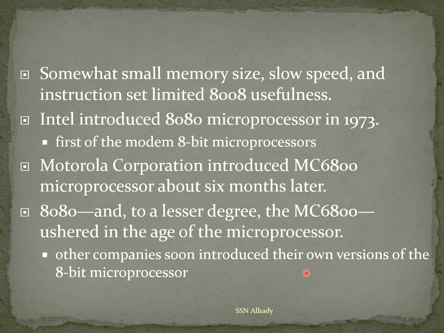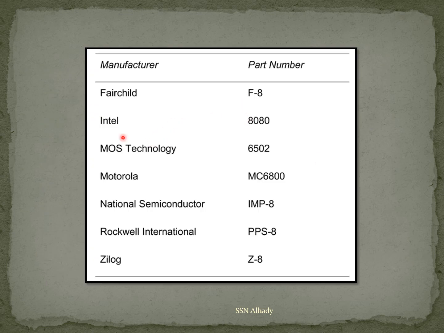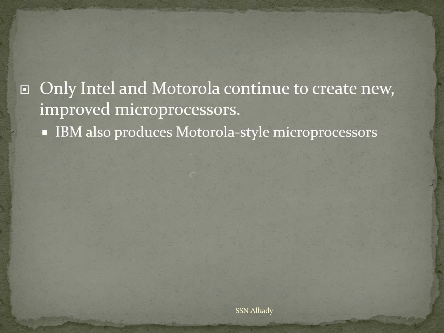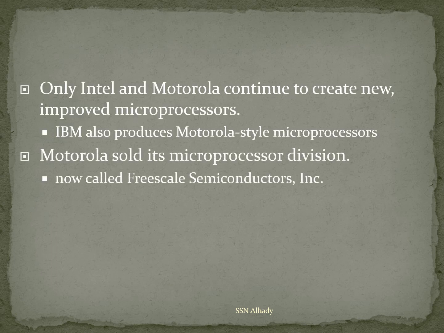Other companies introduced their own versions of 8-bit, for example Fairchild, MOS Technology, Motorola, National Semiconductor, and also Zilog, which is considered quite a well-known microprocessor maker.